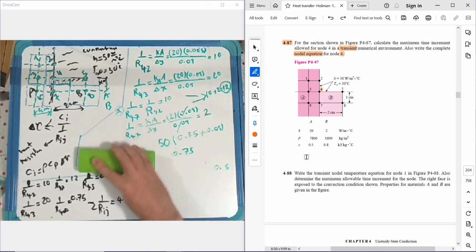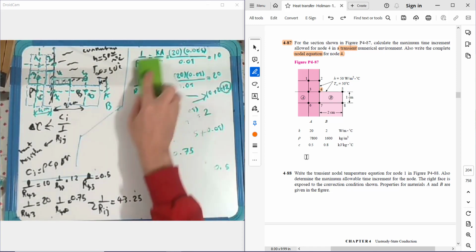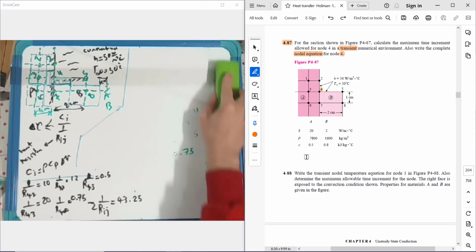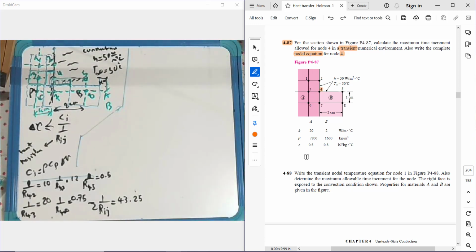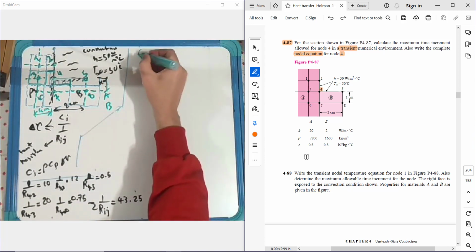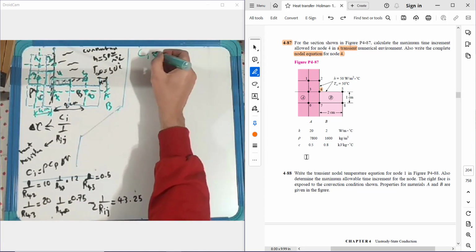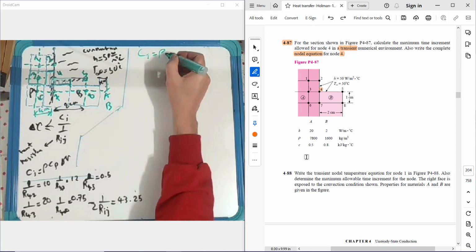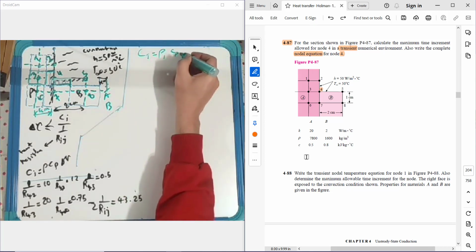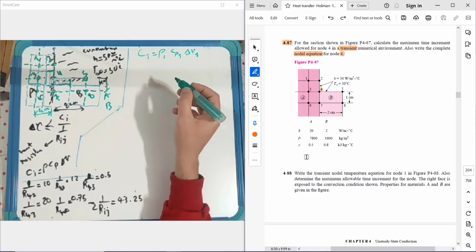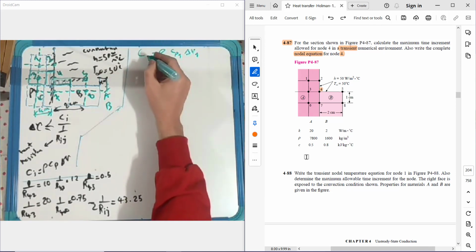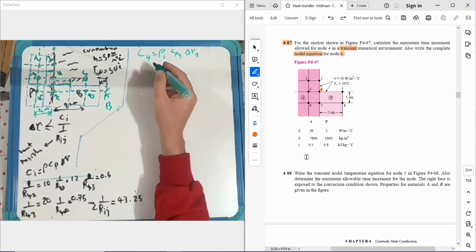Let me just erase all of these because we don't need them anymore. Okay, next step is to calculate C1 equals rho 1 CP1 delta V1. Oh, I'm sorry, C4.